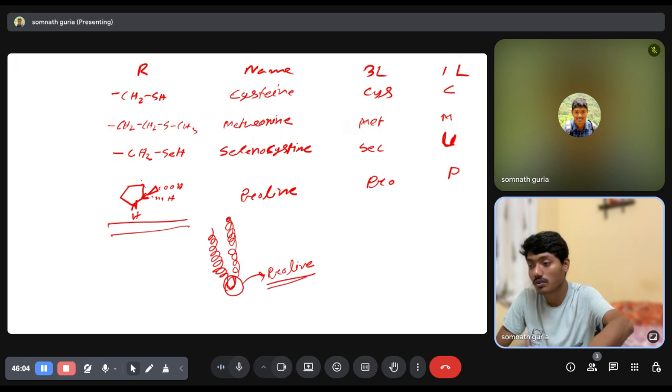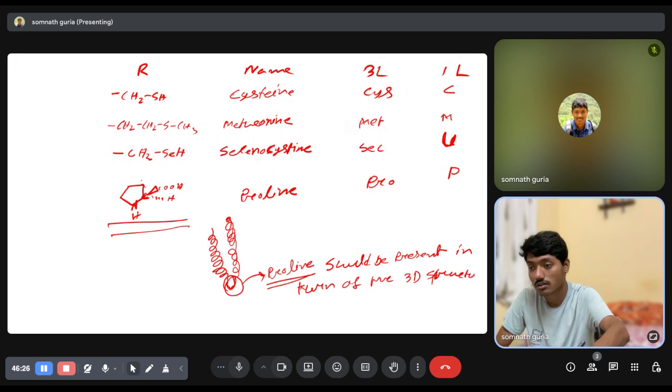Proline should be present in the turn of the 3D structure of protein with the peptide bond.